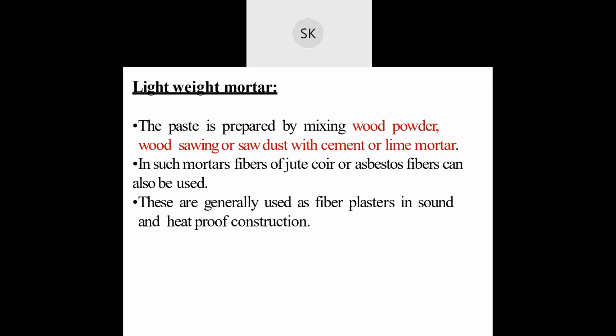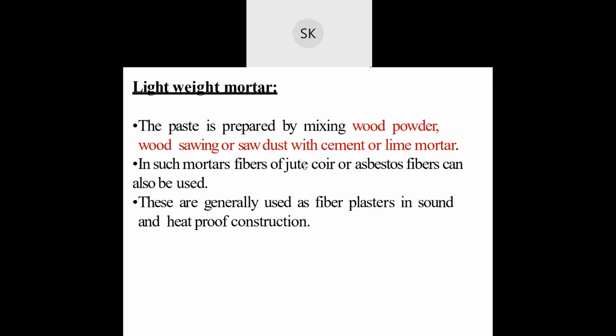Lightweight mortar is prepared by mixing wood powder, wood shaving, or sawdust with cement or lime mortar. In such mortars, fibers of jute, wire or asbestos fibers can also be used. These are generally used as fiber plasters in sound and heat proof construction.